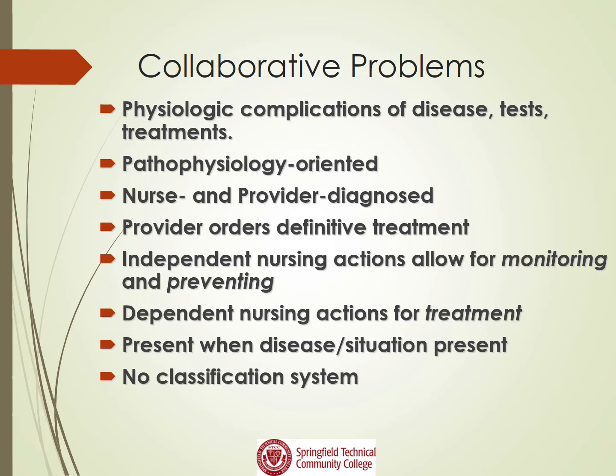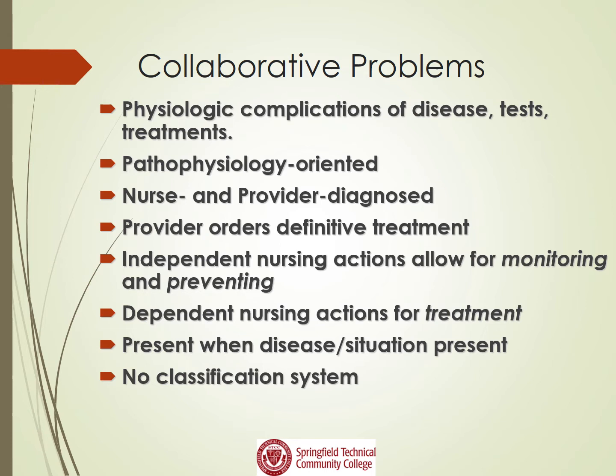So the nurse calls, does a beautiful i-SBARQ report, notifies the provider that I think the patient's having pulmonary edema. The provider says, yep, I think you're probably right. Let's give a little bit of Lasix. So the provider is going to be the one that orders that definitive treatment. The nurse isn't going to be able to order Lasix for her patient because it's outside of their scope of practice. The provider is the one that has to order the medication.